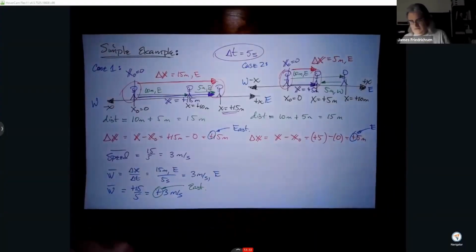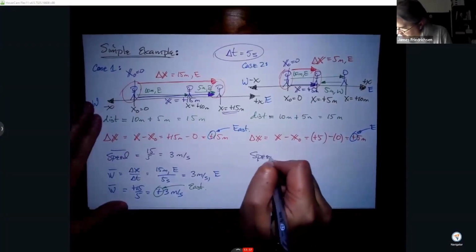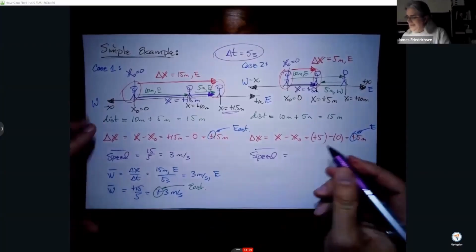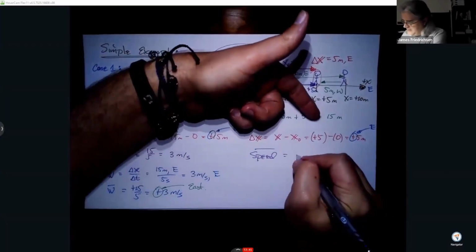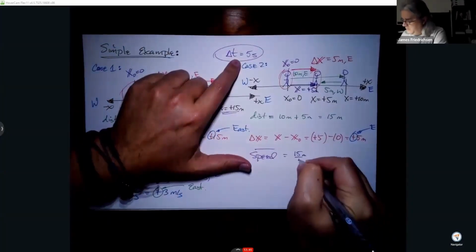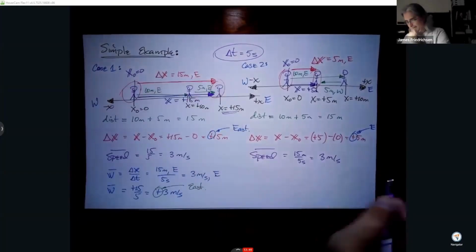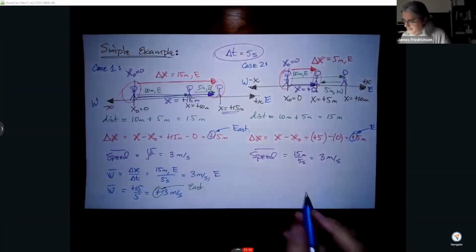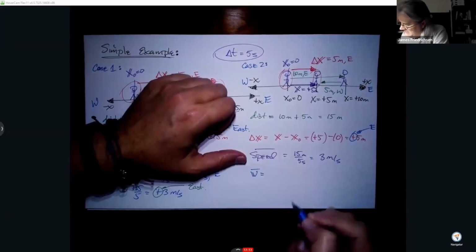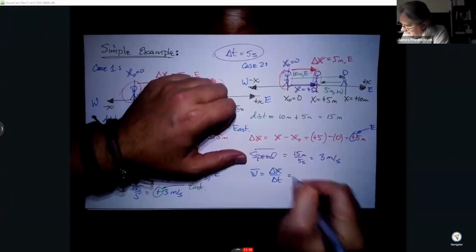Okay. Now, when we come in to do the average speed, that'll be the distance that we traveled, which is our 15 meters, over the time that it took, which was 5 seconds. So this gives us, again, 3 meters per second. And if we look at our average velocity vector, that's going to be our displacement vector over the time.